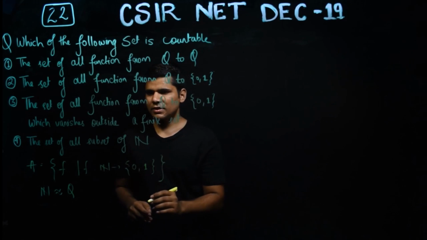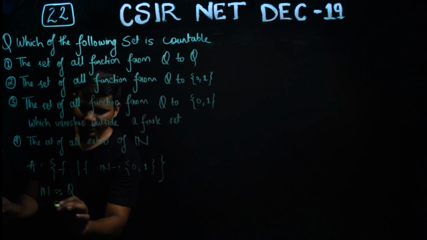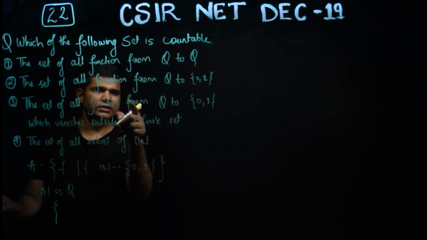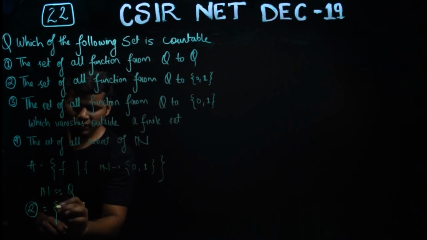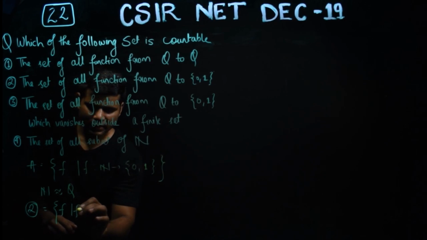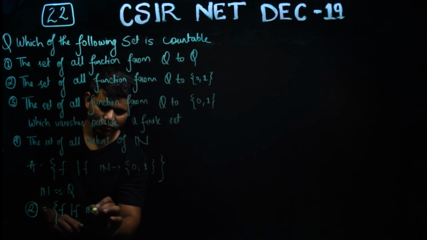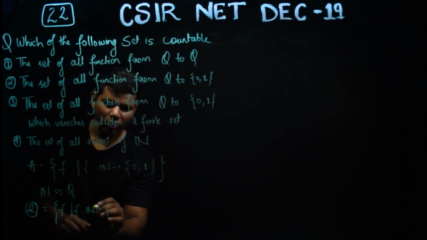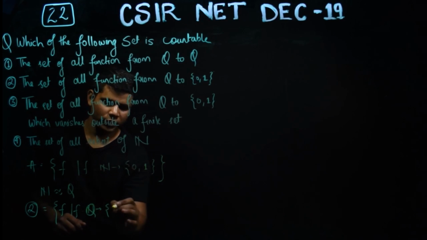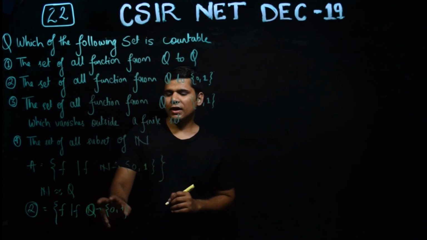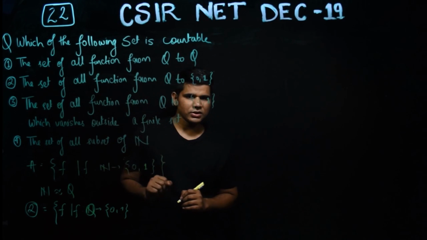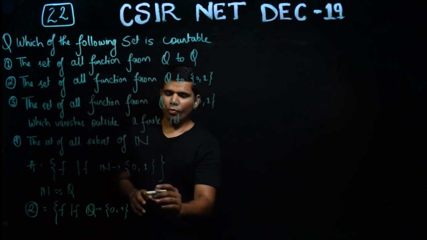So this is option number 2, the set {f such that f is a function from Q to {0, 1}}. Not N, sorry, this is Q to {0, 1}. This set is uncountable using this problem.